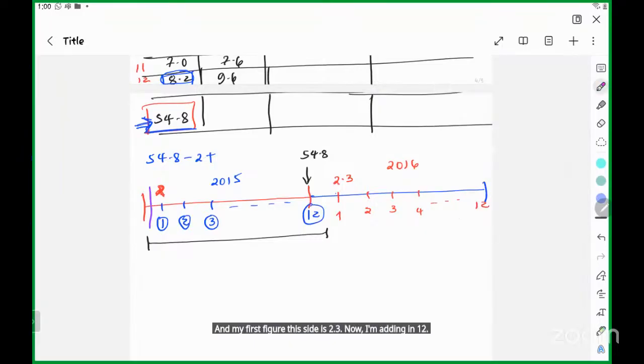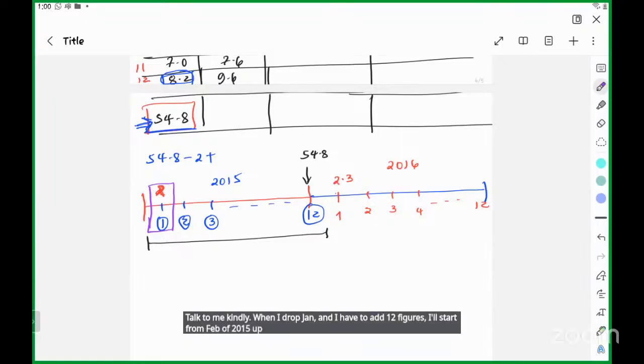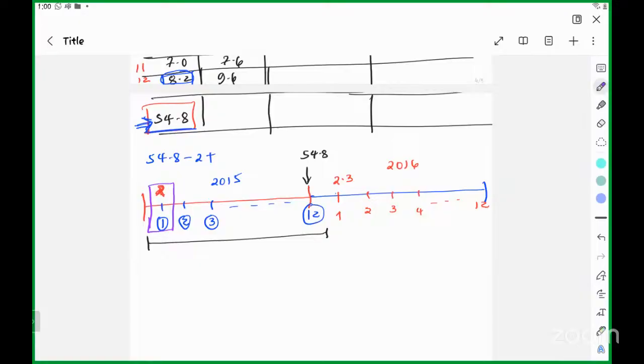When I drop the Jan figure, what is the 12th figure I should add on? When I drop Jan and I have to add 12 figures, I'll start from Feb of 2015 up to? The next year, I think it's 2016. Which year, which month? Yeah, 2016, January.